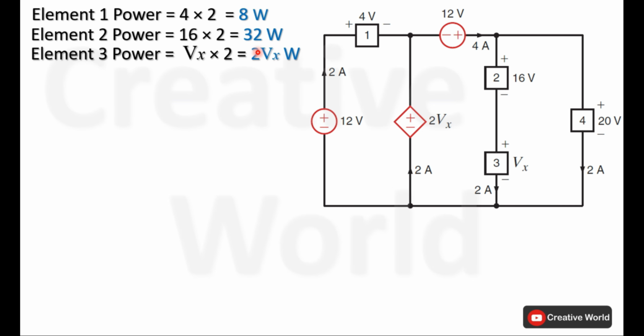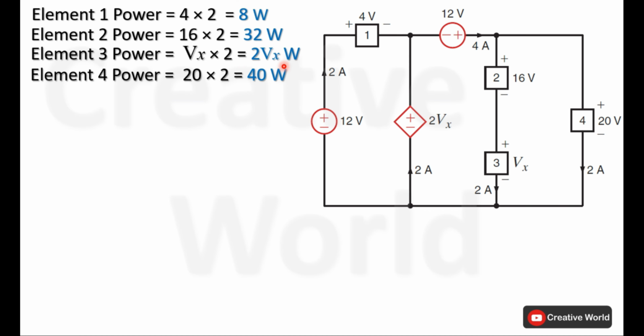Next is element 3. The power of this element will be voltage across it Vx multiplied by current through it 2 ampere. And in this element, the current is also entering from positive terminal, so this current will be taken with positive sign. And the power of this element will be Vx multiplied by 2, which is 2Vx watt.